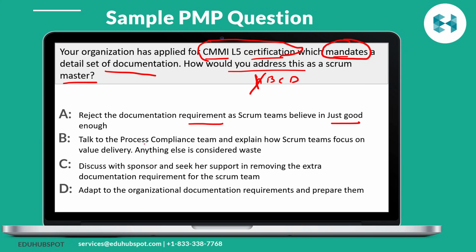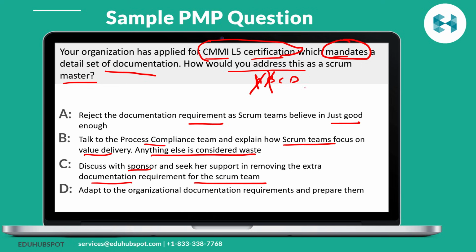B, talk to the process compliance team and explain how the Scrum team focuses on value delivery. Anything else is considered waste. Same reason. It's a mandatory requirement to make a detailed set of documentation for that project. So B is gone as well. C, discuss with the sponsor and seek her support in removing the extra documentation requirement for the Scrum team.